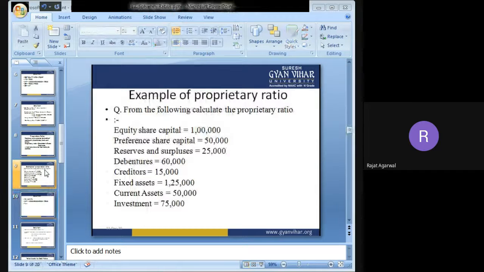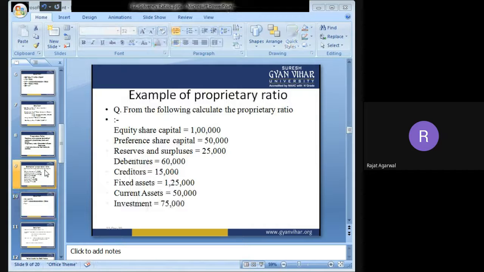Now I am going to calculate total asset. Debenture is a part of long-term liability, so we will not consider debenture. Creditor is a part of current liability. We will also not consider creditor because we are calculating total asset. Fixed asset 1,25,000. Current asset 50,000.